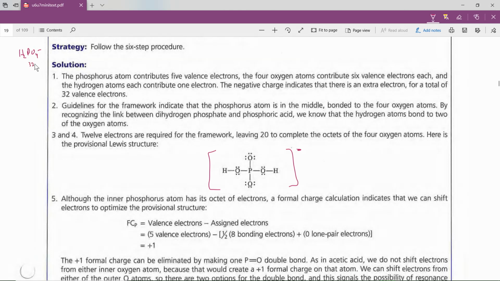Yeah, 32 valence electrons. So I'm going to have 6, 12, 18, 20, 22, 24, 26, 28, 30, 32, 34, 36. What am I doing? I've created 4 more electrons. It has to be 32. 6, 8, 10, 12, 14, 16, 18, 20, 22, 24, 26, 28, 30, 32. Good. Okay, so that is one possibility.